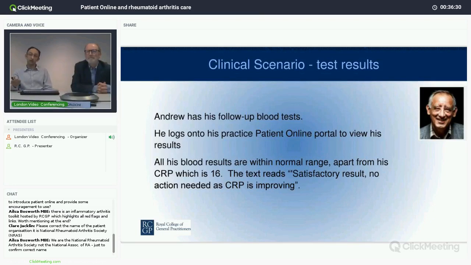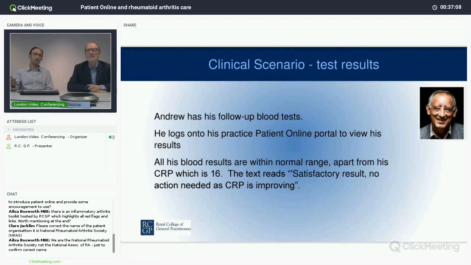Now, I put that in because often on patient online, if that part of the DDL-CoRE record is enabled, then the GP can write a specific comment that relates to that specific result. So whilst the CRP of 16 may not normally be acceptable, in this case, the GP would have looked through his past results, seen that it's actually improving, and that it's a satisfactory result in terms of his flare, and no further action is needed from the patient as the CRP is improving, and there's no further concerns.